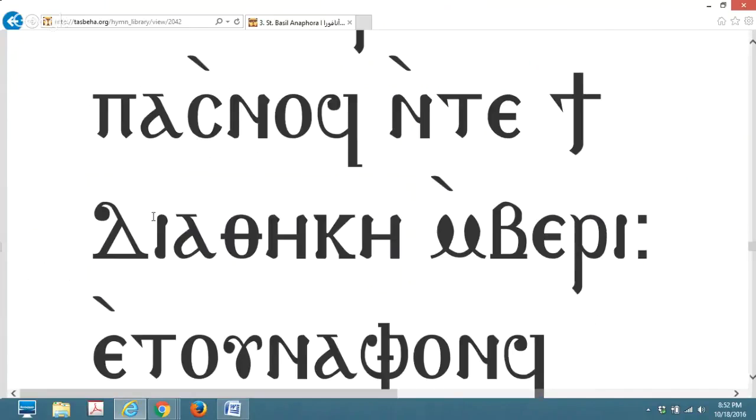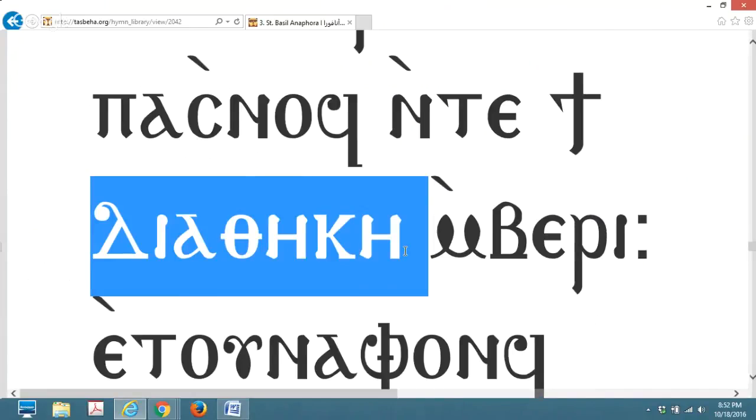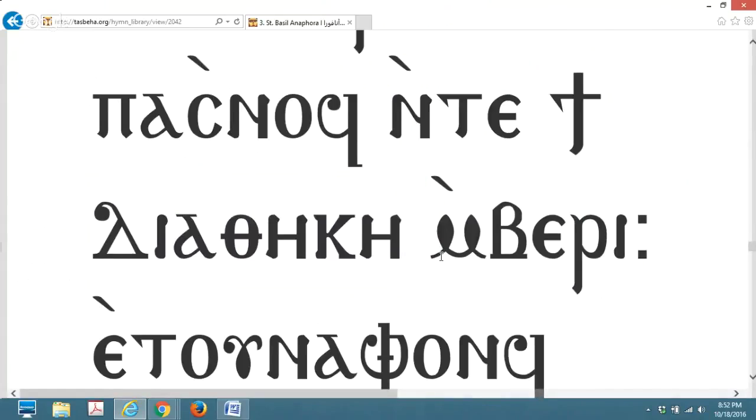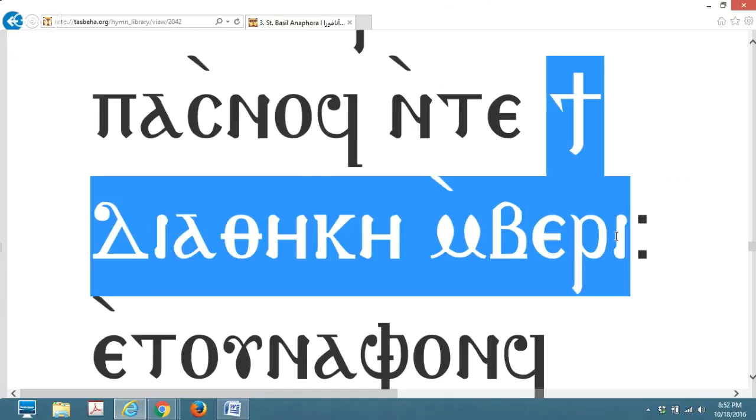And also diatheke, that's how you describe the testaments too. So ti diatheke and apos, or ti diatheke and veri. Apos means old, so the Old Testament is called ti diatheke and apos. The New Testament is called ti diatheke and veri. So this is my blood of the new covenant, of the New Testament, of the new promise.